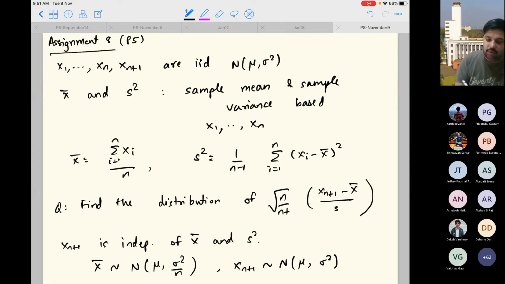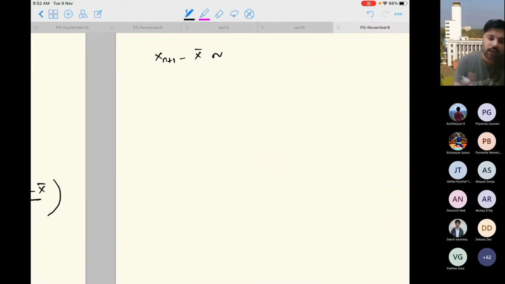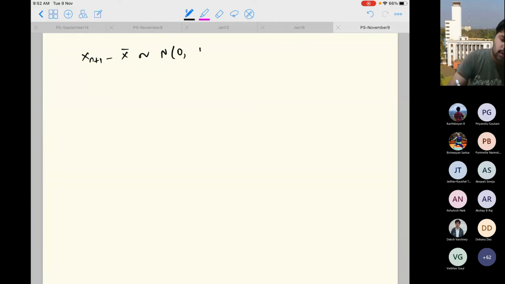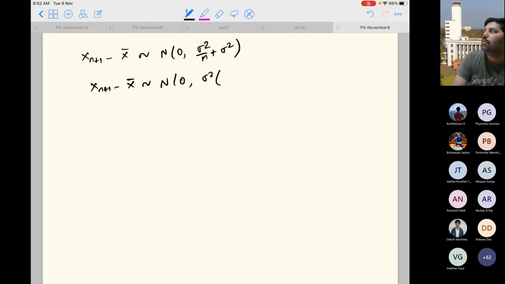The mean will be 0, and the variance will be sigma squared by n plus sigma squared, right? That means Xn plus 1 minus X bar follows normal with mean 0 and variance sigma squared times (n plus 1) by n. That is the density of Xn plus 1 minus X bar.